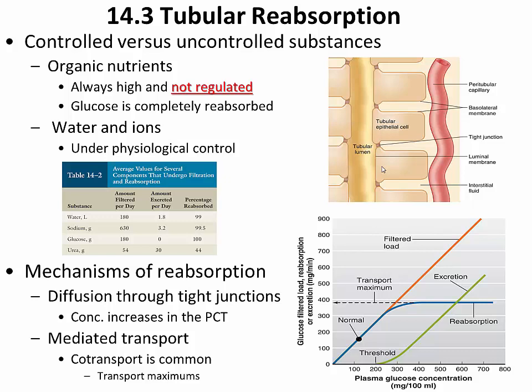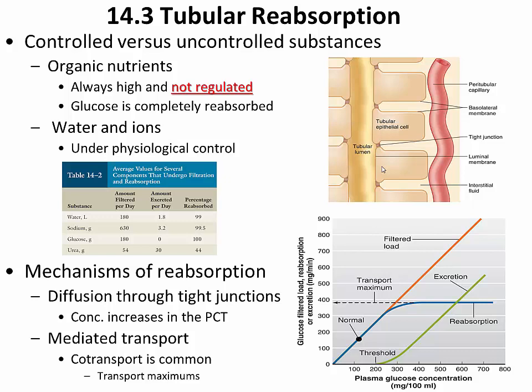And as that water leaves, then the concentrations of other compounds, urea being a good example, increase dramatically inside the lumen of the tubule. And so this creates a situation in which you have a high concentration of urea inside the tubule and low concentration outside, and so this encourages diffusion of urea, for instance, out of the tubule.